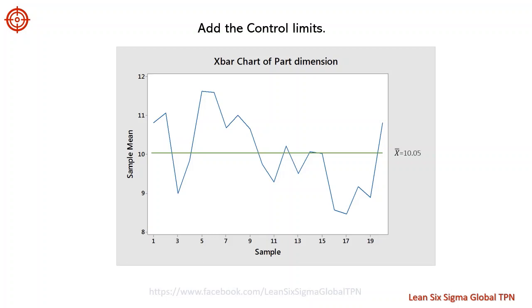We use the estimate of within subgroup variation that we estimated from the R chart. The lower control limit is 3 sigma limits below the center line. For the part dimension data, the upper control limit is this one and the lower control limit is this one.